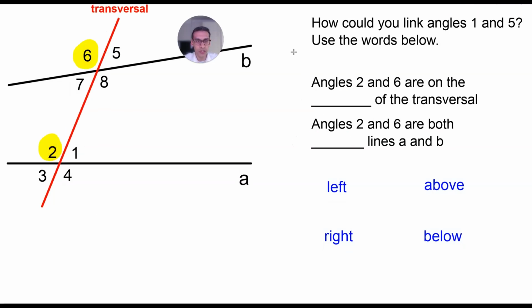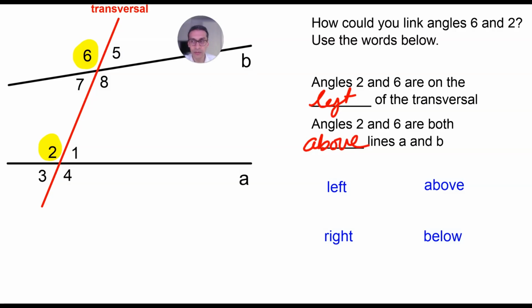Let's look at another example here. So how could you link angles 6 and 2? So you can see here angles 2 and 6 are on the left hand side, so we're going to put left here of the transversal, and they're also both above the transversal.